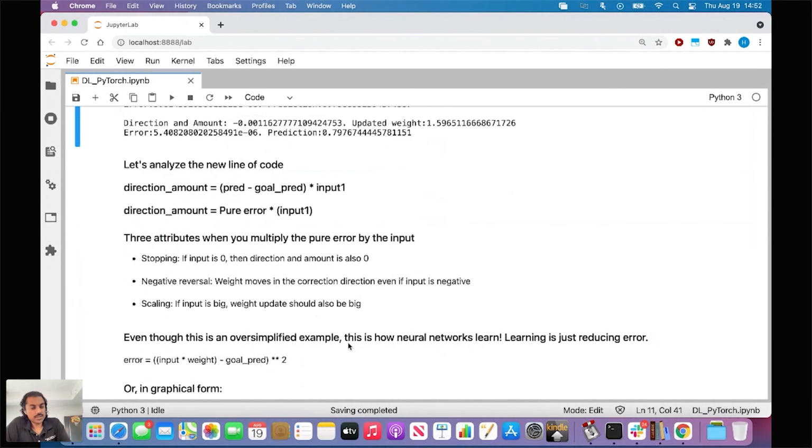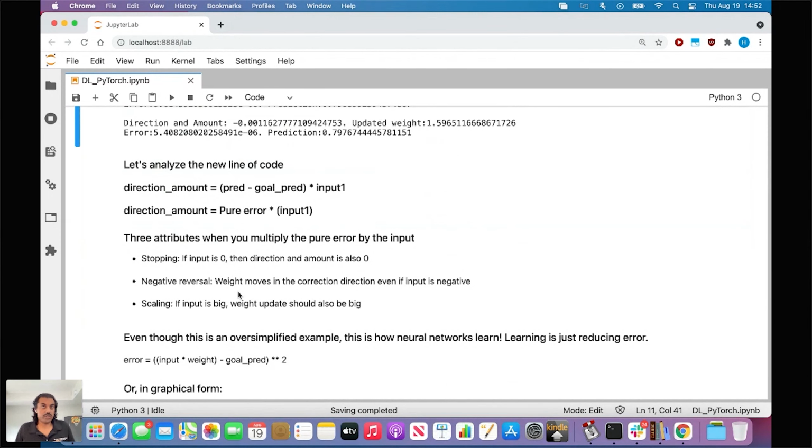If the input is 0, we automatically protect ourselves by also having the direction and amount be 0. We can also take note of those negative reversals. In the instance that our weight is positive but our input is negative, we can control for that, and vice versa.